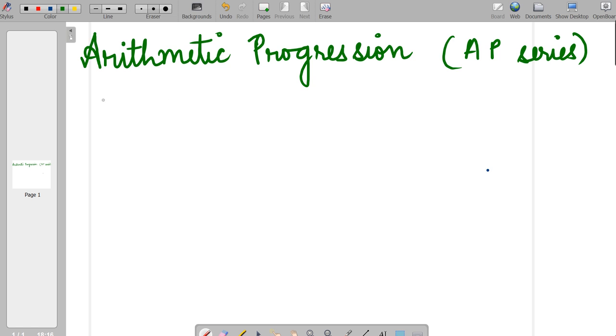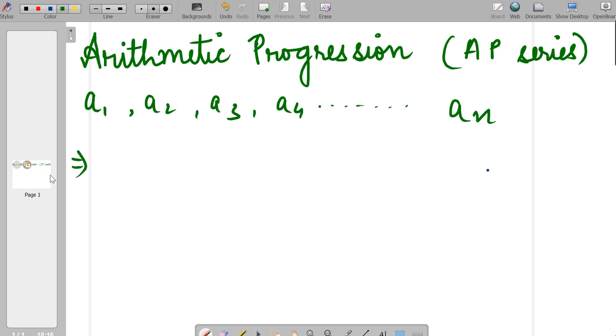So if you have a set of numbers like A1, A2, A3, A4 dotted up to AN, and you are provided with any series with elements placed like this, how will you test whether the numbers are arranged in an AP or arithmetic progression?